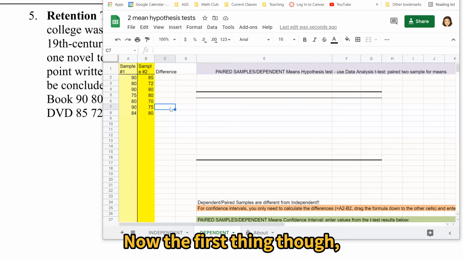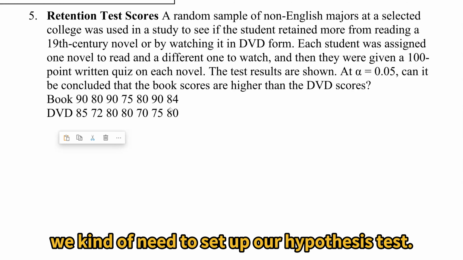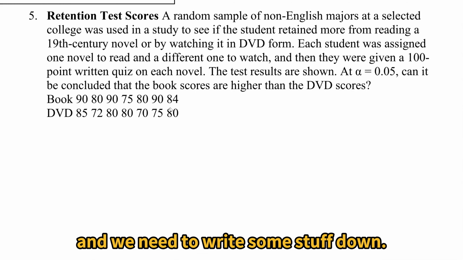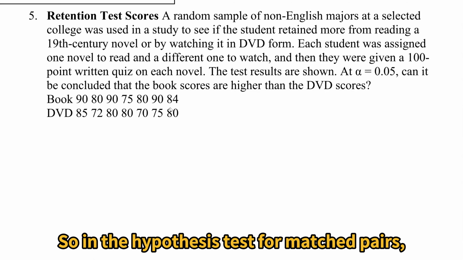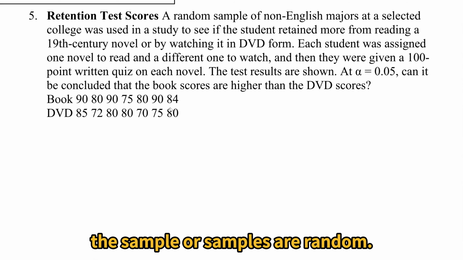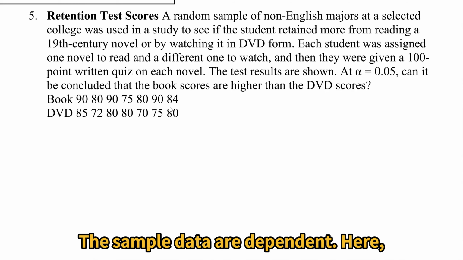Now the first thing though, even though we have our data entered here, we need to set up our hypothesis test. I have a tendency to go right away to the technology, and we need to write some stuff down. In the hypothesis test for matched pairs, the assumptions that we need: the sample or samples are random. We have a random sample of non-English majors. The sample data are dependent.